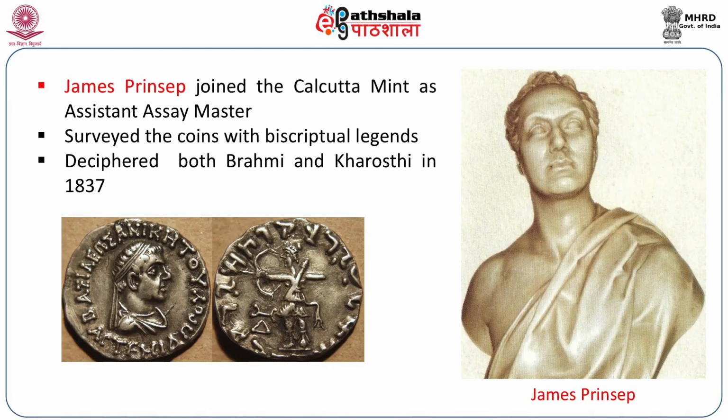Then, after James Prinsep joined as the assistant assay master of the Calcutta Mint, he started studying the ancient coins preserved in the mint and the biscriptual legends of these coins. If we see this photograph of the coin, where we can see on the obverse side the Greek inscription, while on the reverse the Koroshti inscription.